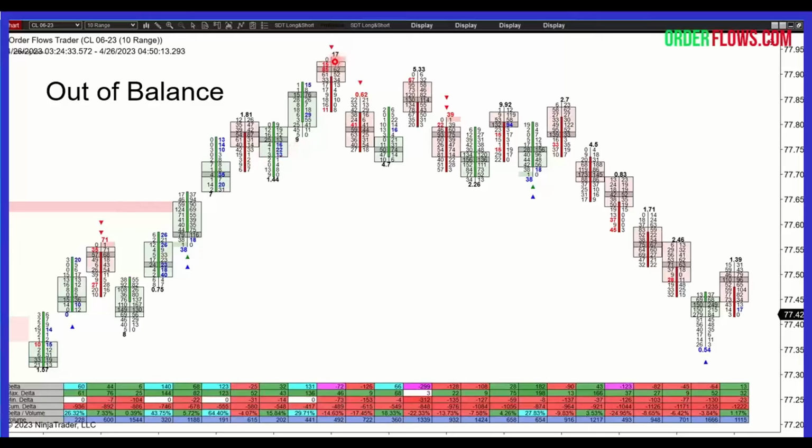And then you get up to the high up here. Again, remember, you also had that exhaustion print here. But now you're starting to see selling imbalances come in, right? And having a tool that's going to highlight these areas where there are multiple buying imbalances is going to give you an edge over people that aren't even looking at volume.